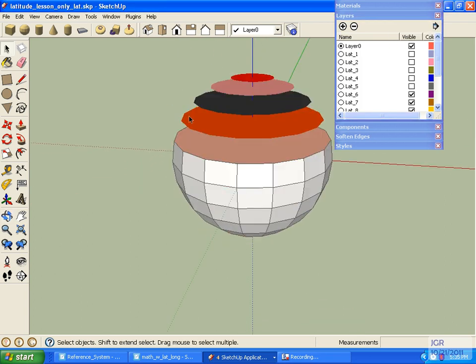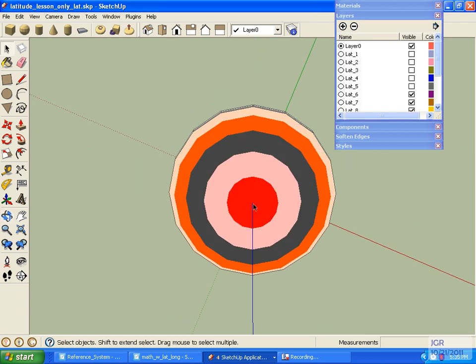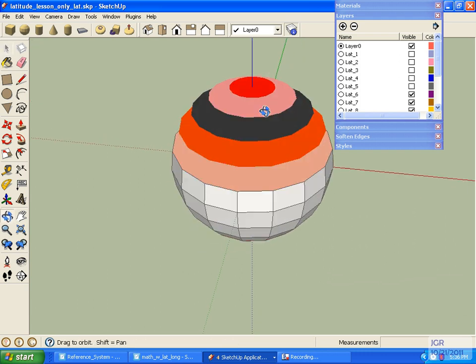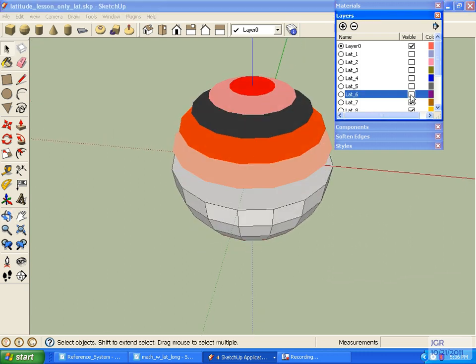And what I want you to see is that the diameter of the latitude line at the top is actually smaller than the diameter of the latitude line below it. And as we get closer and closer to the equator, the latitude lines get longer. Okay, they get longer and longer around this curve.